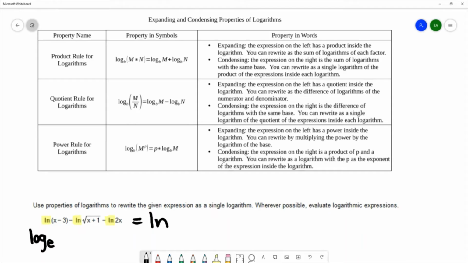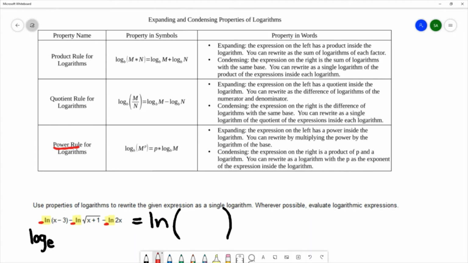So since they have all the same base, we are able to condense this to a single logarithm. And what I'm looking for, starting off, is to see if there are any coefficients. We notice that there are not any coefficients. If there were coefficients, you would need to use the power rule first.